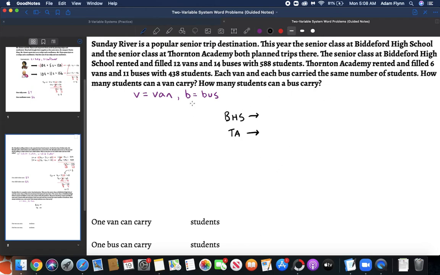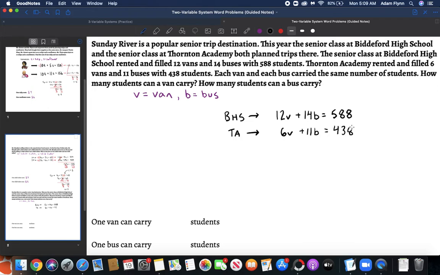The Biddeford High School equation, there were 12 vans, so 12V, and 14 buses, for a total of 588 students. The Thornton Academy equation is going to be 6 vans and 11 buses, and they had 438 students.